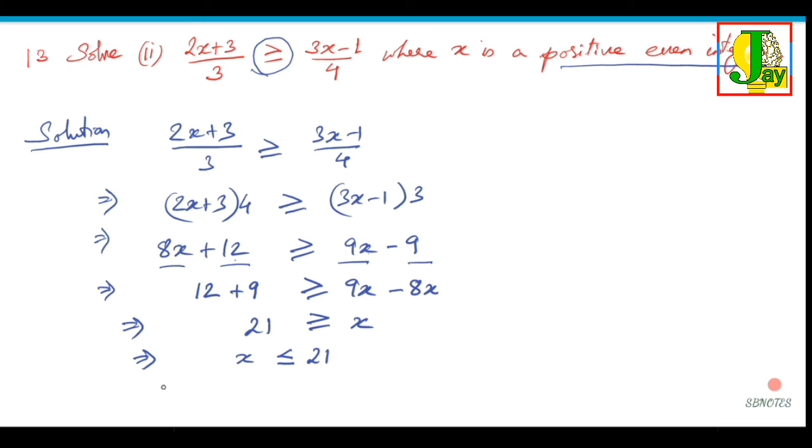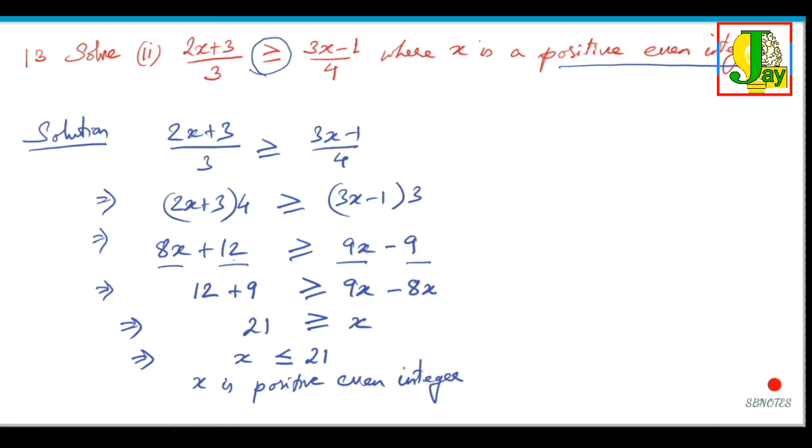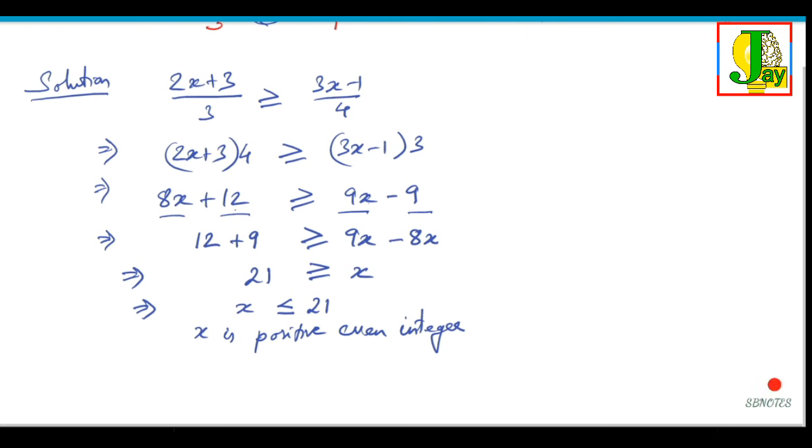Now we have the replacement set. What is that? x is a positive even integer. So the solution set: less than or equal to 21 and which are positive even integers.